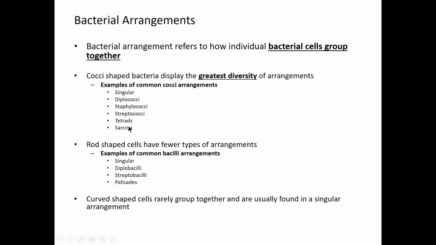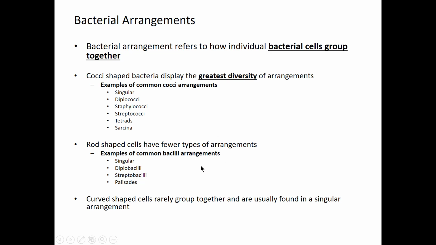And sarcina are almost layered tetrads. They usually occur in like a cube-shaped kind of pattern. So I'm not going to make you memorize all of these here, but these are common cocci arrangements. Singular, by the way, is in reference to the fact that all the cells are individual, therefore there is no grouping. So it could be a grouping or a lack of grouping.